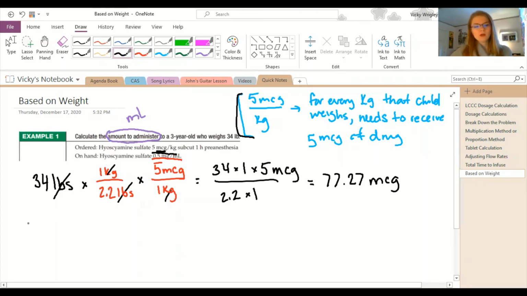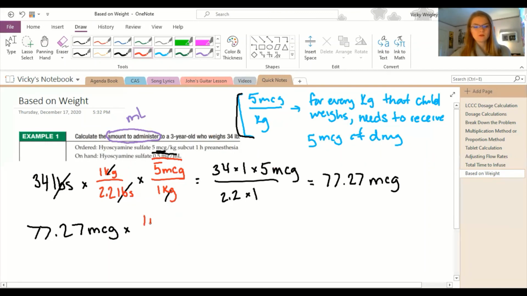So we're going to use that because that gives us a relationship between weight, milligrams, and a milliliter. But we just have to be careful that we're multiplying by a conversion factor to get us from micrograms to milligrams first.